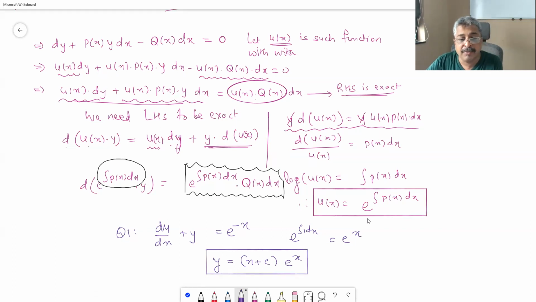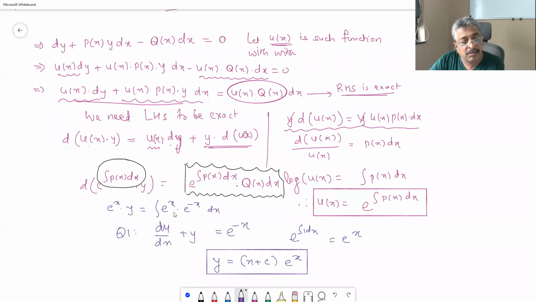Once you get the integrating factor, you should use this last formula to report the answer. Basically, in this case, e raised to x is our integrating factor, times y is equal to integrating factor e raised to x into our q of x, which was e raised to minus x, dx integral. This is going to be your solution.